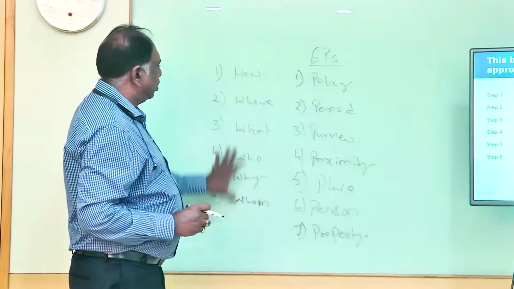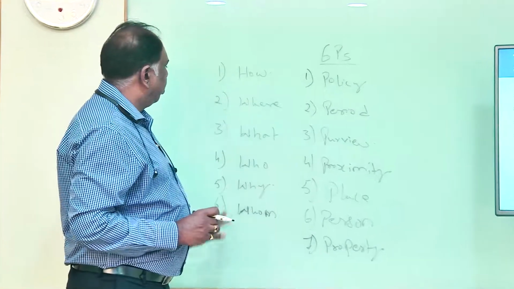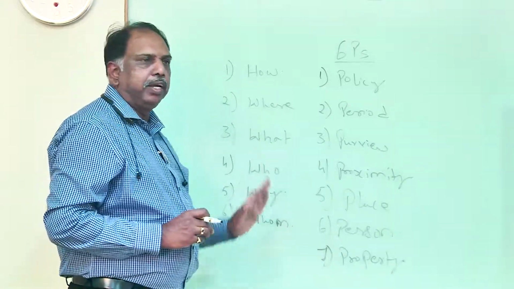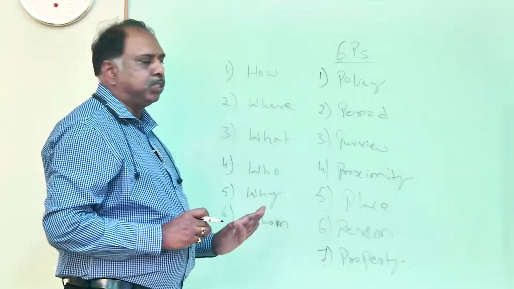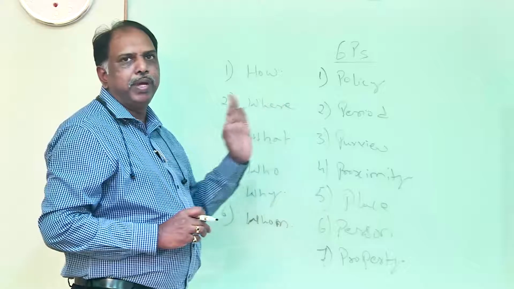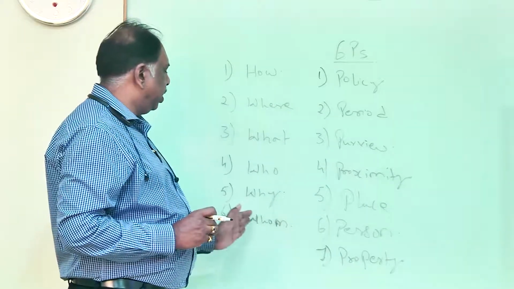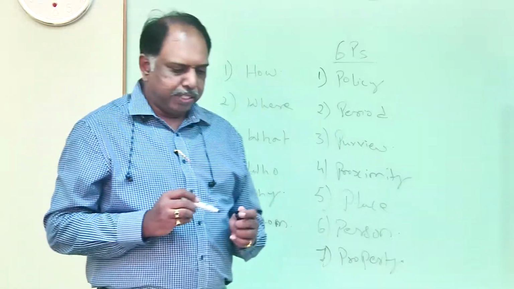This and this, you see, almost it will be the same. Okay. Who is the owner of the vehicle? Who was the driver of the vehicle? For what was he going to that place? From where to where was he running this vehicle? Okay. Why? What was the reason? Why was he going? Whom did he inform after the accident?